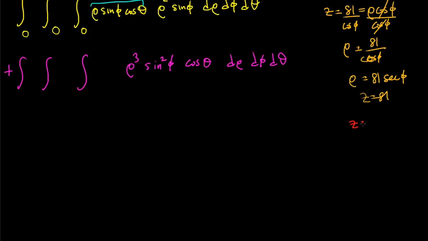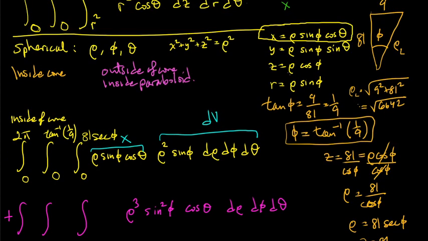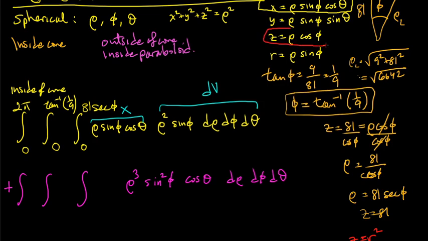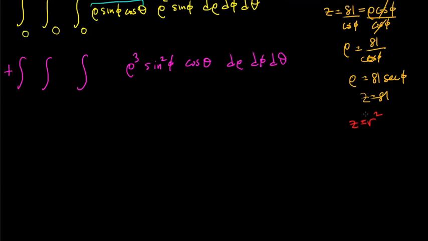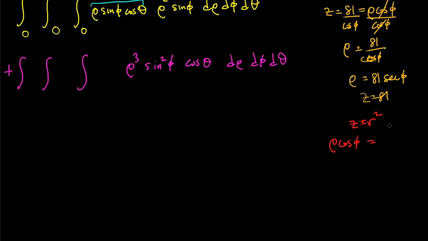What would that be in spherical, because there is no z or r in spherical? Well, we know z is rho cosine phi, and r is rho sine phi, but it's squared, so this is rho sine phi, squared.